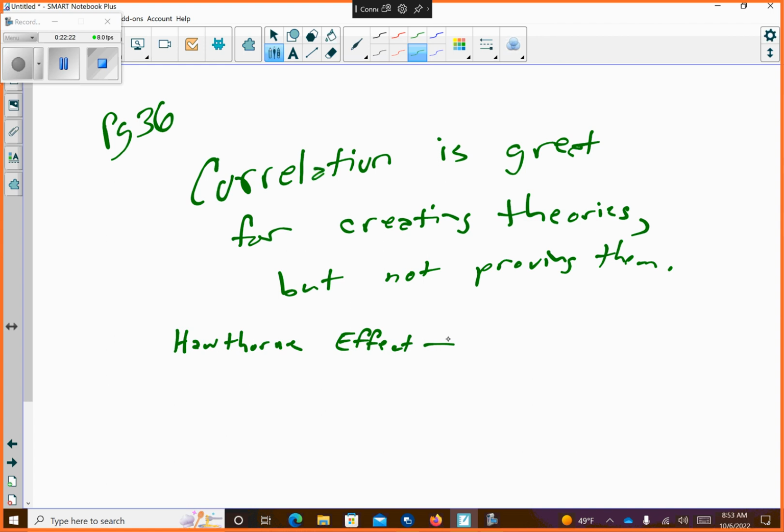So the Hawthorne effect. Lots of you use your cell phones during my class. I know that. I'm not dumb. But if I had a camera in the corner of the room, which is illegal, but let's just say I had a camera in the room, and I said a portion of your grade will be based on the less amount of time you are on your cell phone, and I will watch my class on the camera afterwards. Would you be more likely to put your phone away knowing your grade might be reflected because I'm going to watch the video later?